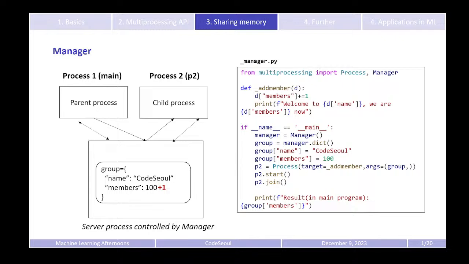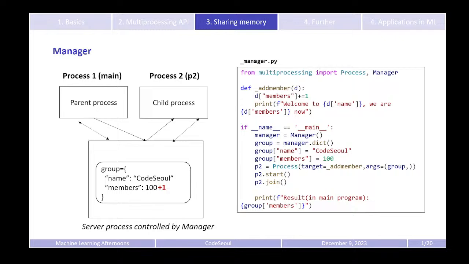Let's say the simplest case is we want to have a dictionary, and within this dictionary we put different objects, one of them a string, another an integer, and we want to change this common shared object from different processes. And the manager can easily help you do it.